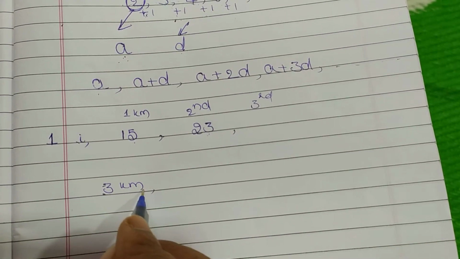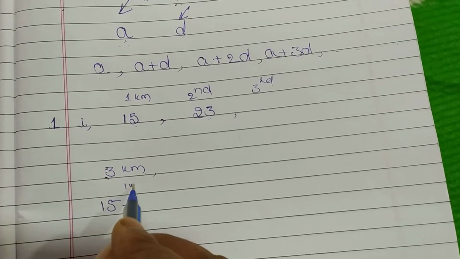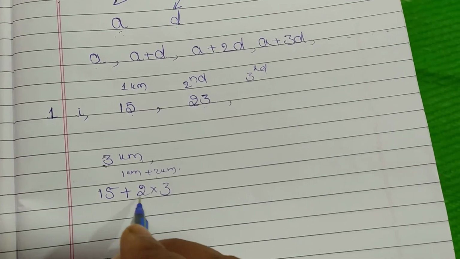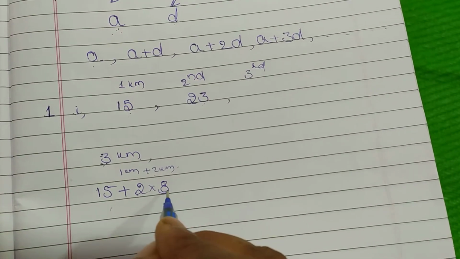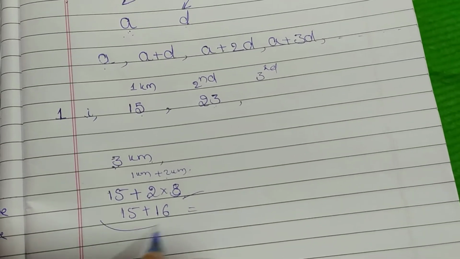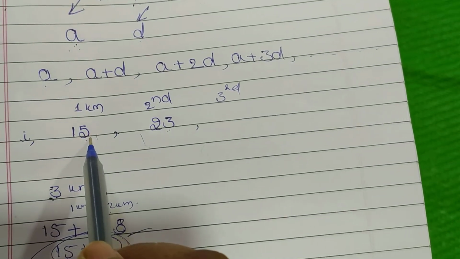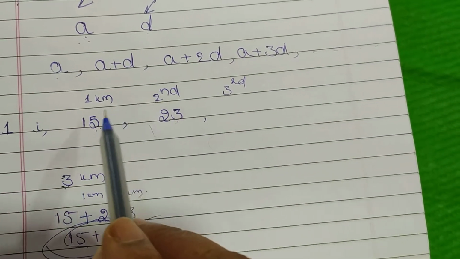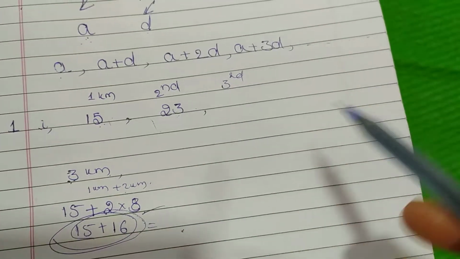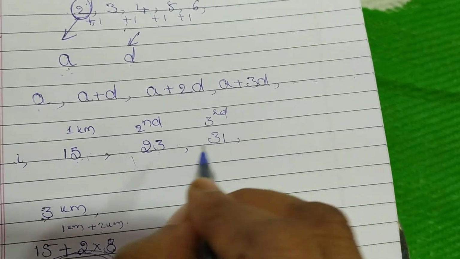The fare for the first kilometer is 15 rupees. For the next 2 kilometers, 2 into 8 per kilometer, so 15 plus 16. Like this you get how much money he has to pay. For the first kilometer it is 15 rupees, for the second kilometer 15 plus an additional 8 rupees, and for the third kilometer 23 plus 8, which is 31 rupees.